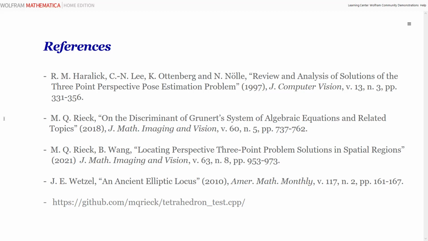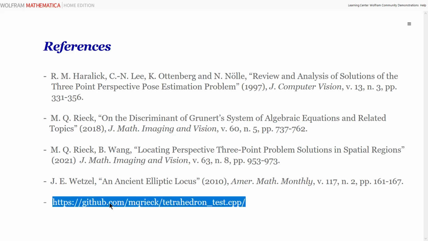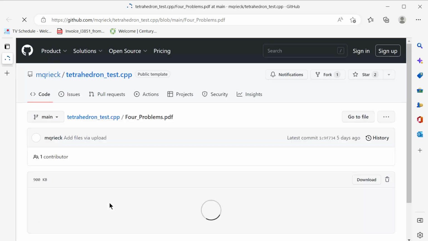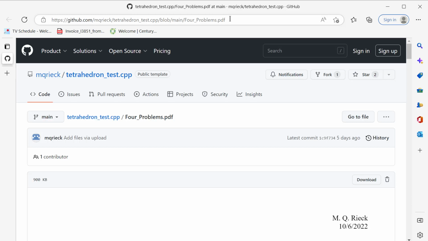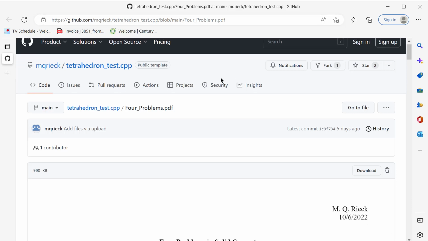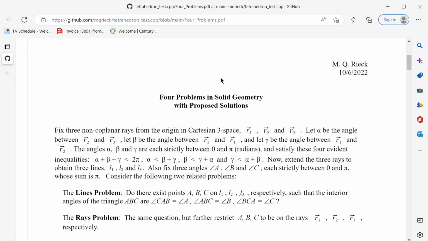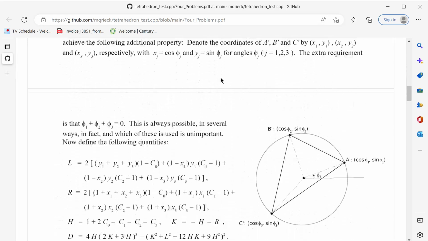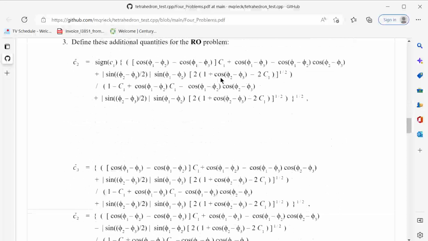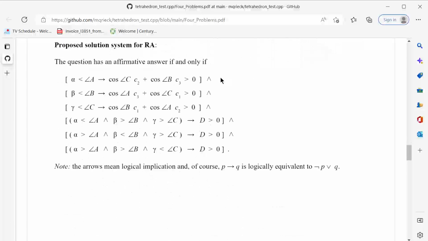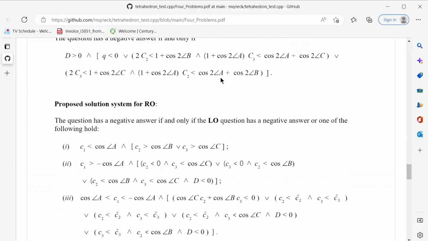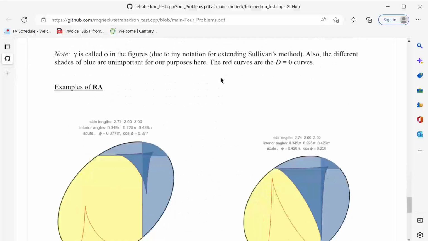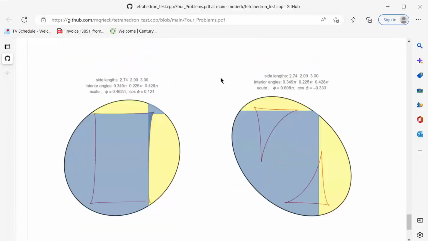And finally, I want to go to my GitHub site and point out that we've got this paper here that I mentioned before. Well, okay, time out. Oh yeah, that's what it's displaying. This is the paper I was talking about. So this pretty much just covers the same material that we've been looking at in a little bit more detail. It includes the RO problem, and it has a whole bunch more of these figures.